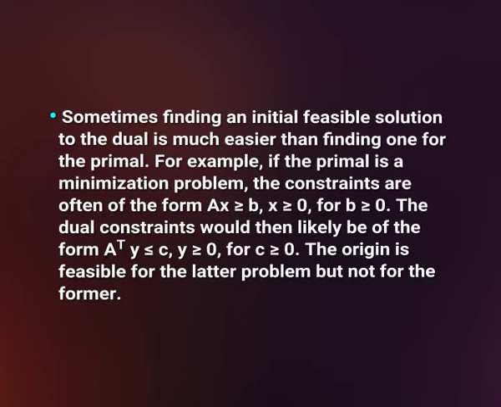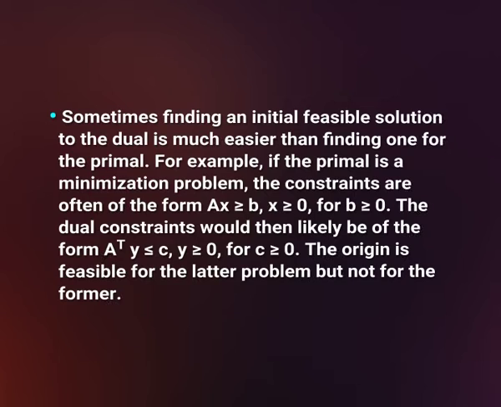Sometimes finding an initial feasible solution to the dual is much easier than finding one for the primal. For example, if the primal is a minimization problem, the constraints are often of the form Ax ≥ b, x ≥ 0 for b ≥ 0.